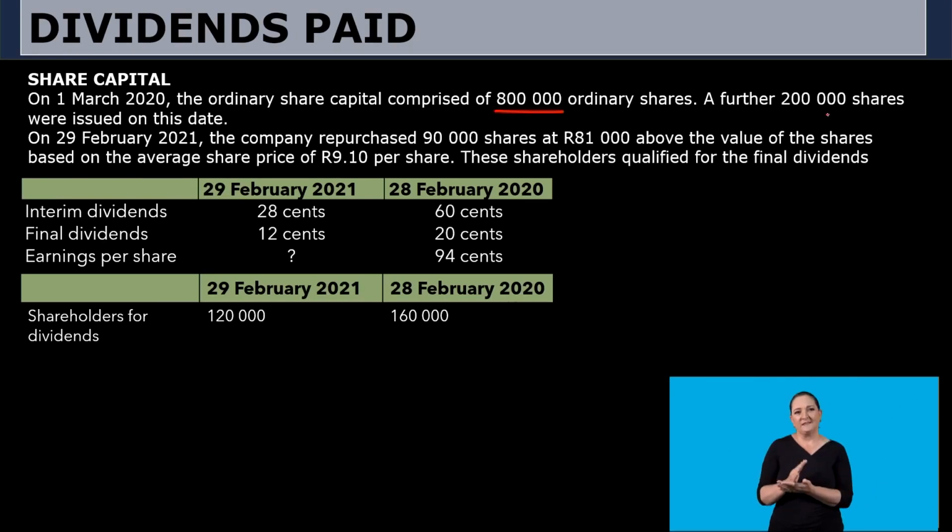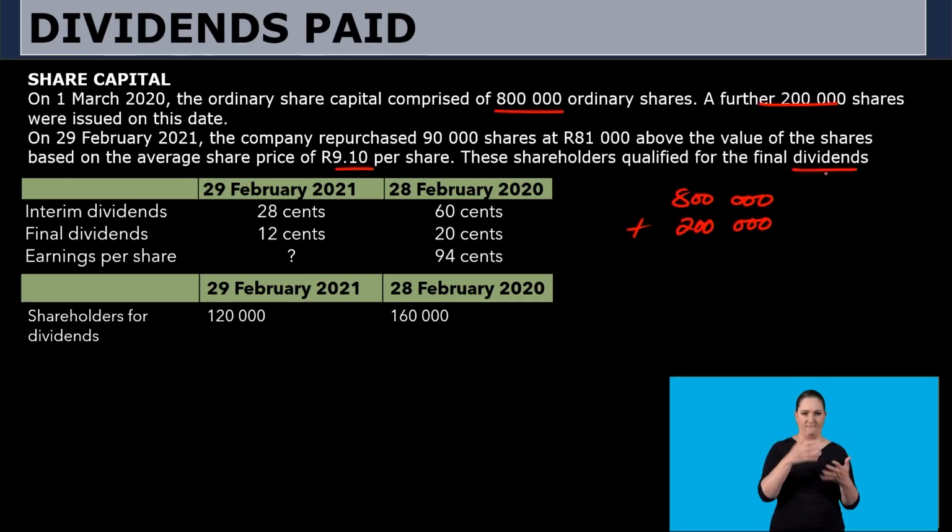A further 200,000 shares were issued on this date. So at the beginning we had 800,000, then we issued a further 200,000 shares more. Then on 29 February, the company repurchased 90,000 shares at 81,000 above the value of the shares based on the average price, and these shareholders qualify for final dividends.